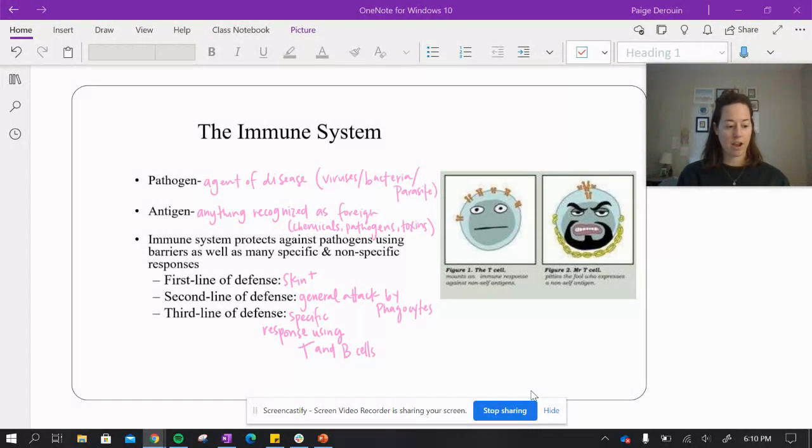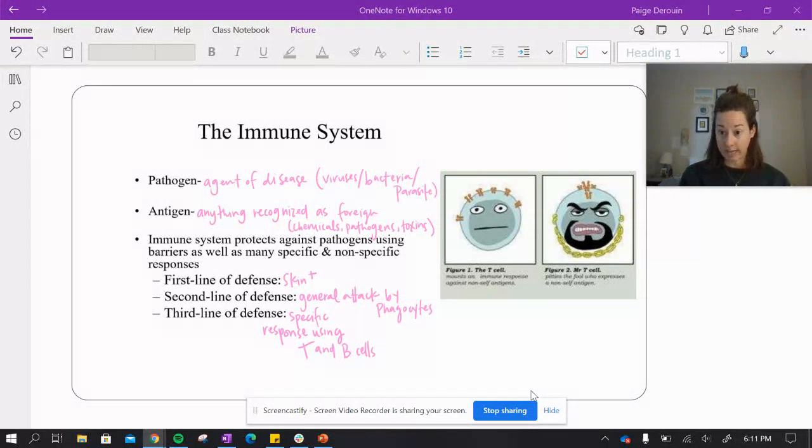And then also eosinophils, which are responsible for fighting off parasitic worms. Hopefully, you never need to use them. And dendritic cells, which will be responsible for stimulating that third line of defense, which will be the T and B cells. But the second line of defense is non-specific, so it will respond to any sort of invasion that happens, and it will include also the general immune response.